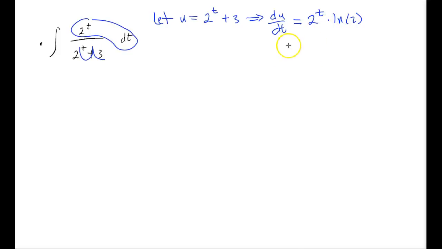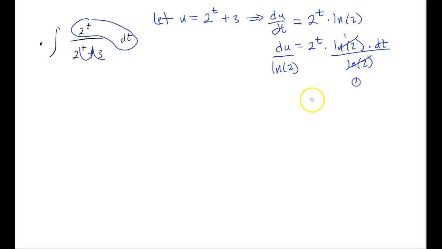And we can do that by multiplying both sides times dt, and then dividing both sides by natural log of 2. Of course, that reduces to 1, and we have our direct substitution here.